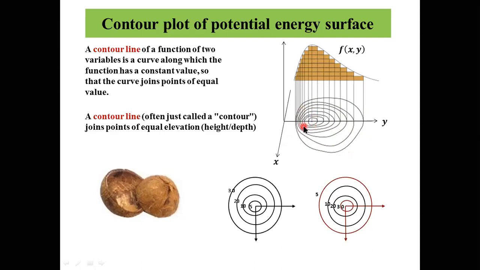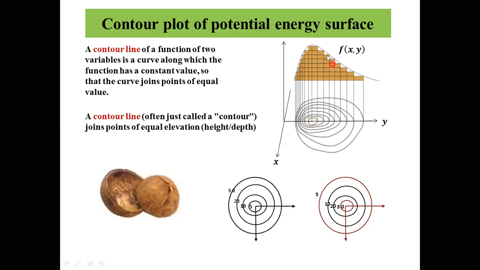Now look at the features. Here the contours are very closely spaced, right? That means I'm rising very fast. When I'm going from one contour to the other, I'm covering the distance more slowly, so that's why they are very closely spaced.